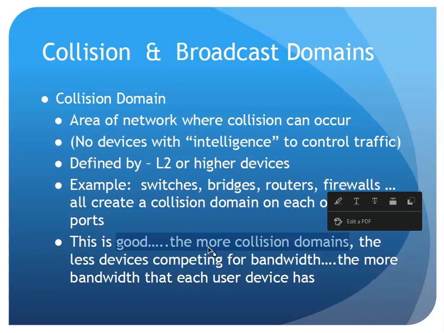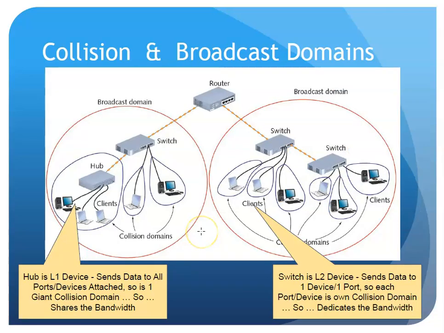So if I make many small collision domains, the chances of a collision get less and less, to the point where you may not have a collision at all. And when that happens, we're not sharing, we're getting full throughput, or bandwidth, if you will.